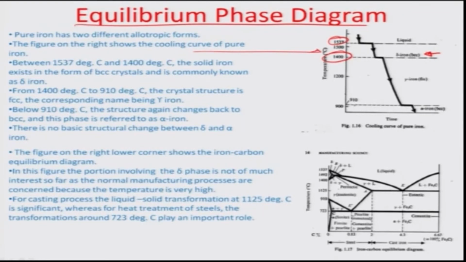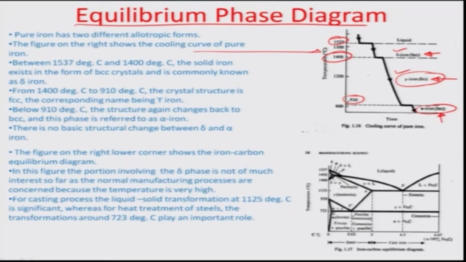Okay. Then between 1400 and 910 degrees Celsius, it changes to gamma iron. It is known as the FCC or face centered cubic structure, and then below the 910 limit there is alpha iron, which is again the BCC structure. Okay.